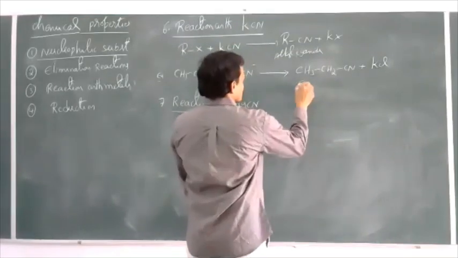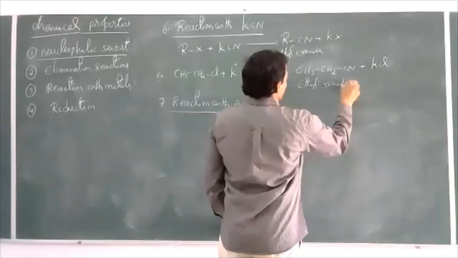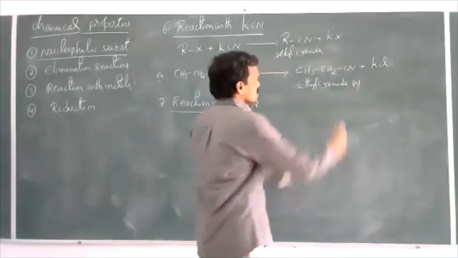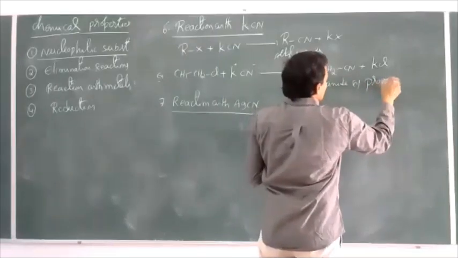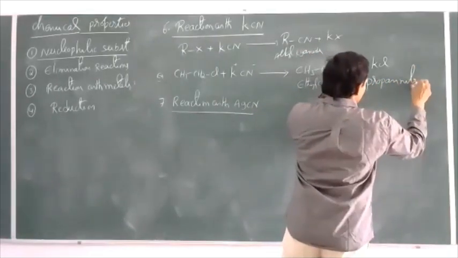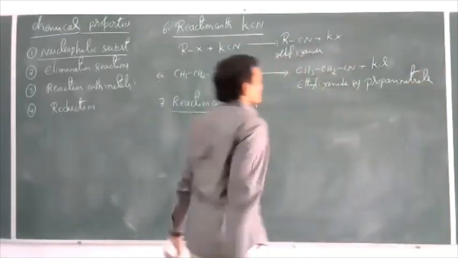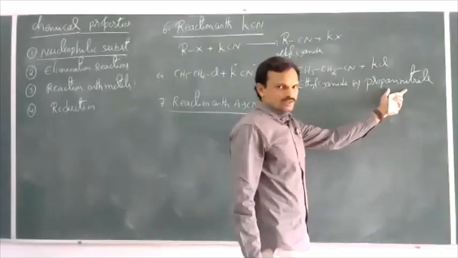This is ethyl cyanide. The IUPAC name: 3 carbons are there, root word is prop, single bond is there so ane, and CN means nitrile. Ethyl cyanide is the common name; propane nitrile is the IUPAC name.